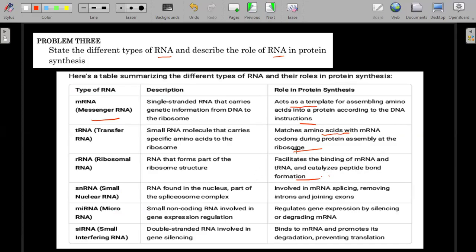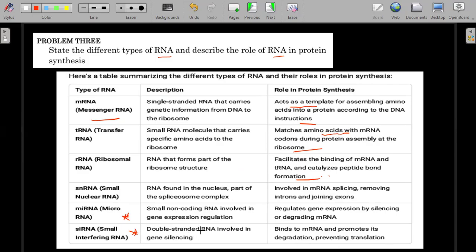That is its role in protein synthesis. The other types are minor types. We have snRNA, the small nuclear RNA, which is found in the nucleus and is part of the spliceosome complex. Its role in protein synthesis is involvement in mRNA splicing, removing introns and joining exons. And then we also have other types of RNA that you can go through on your own.